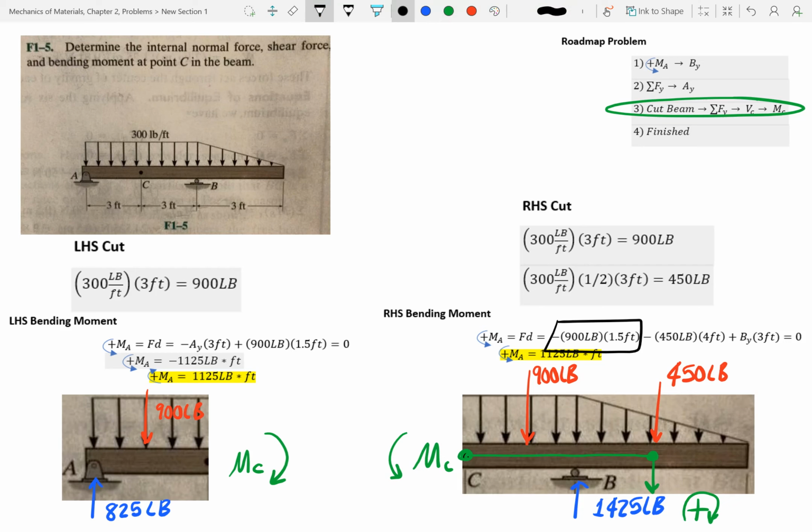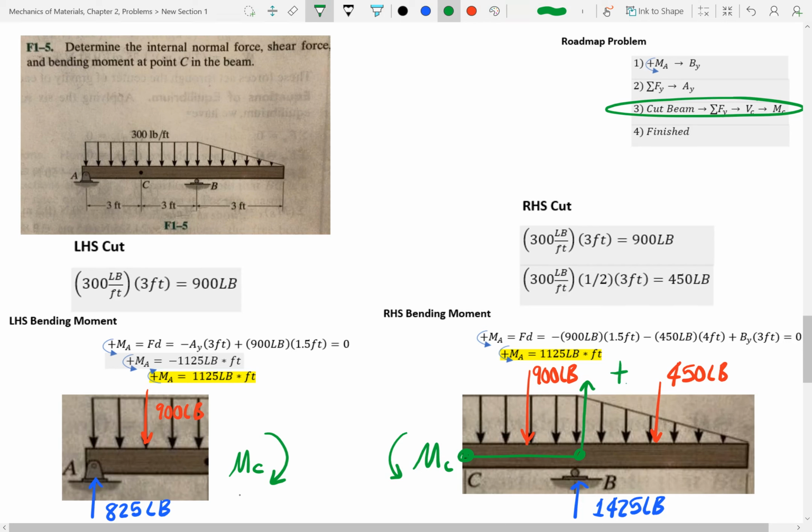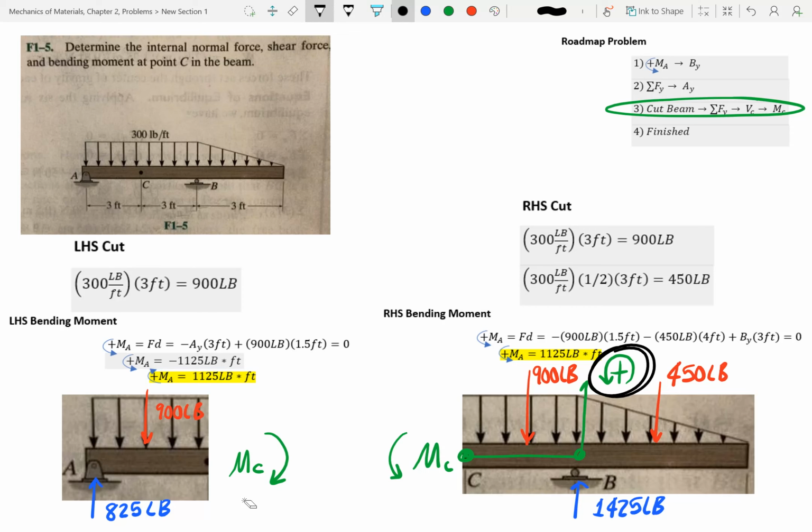And this is opposite of the one I selected, right? So we're going to go ahead and put a negative in here. Okay, and as you can see, this moment is going in this direction. So this right here is the same direction I picked here. So it's going to be a positive. And if I solve for this, I get this. So you can see that I got the same answer on both sides.